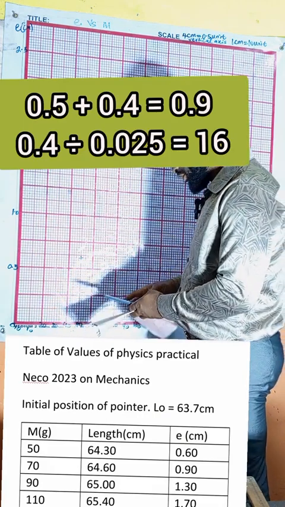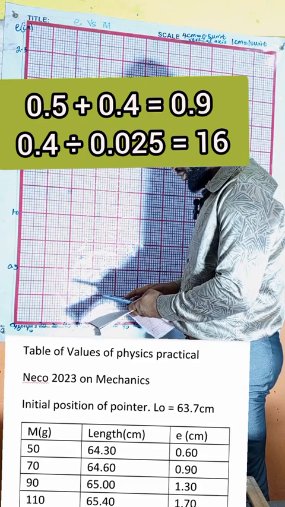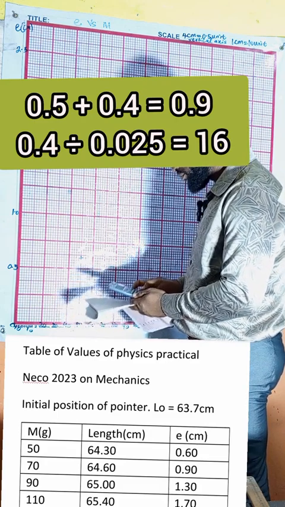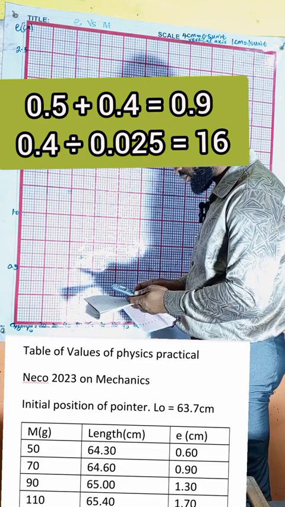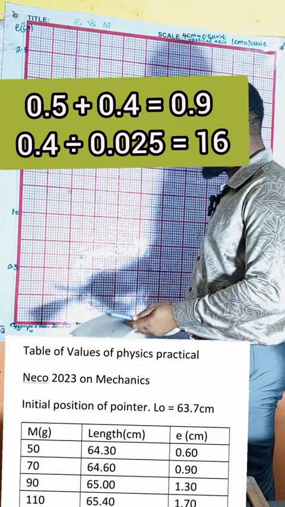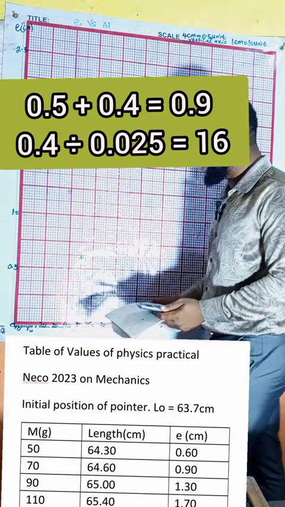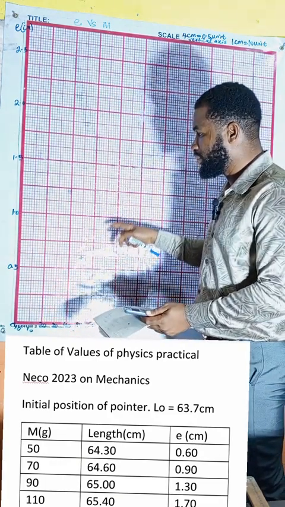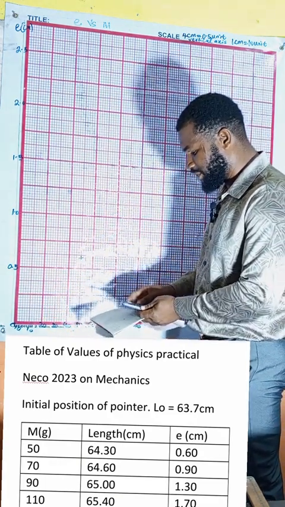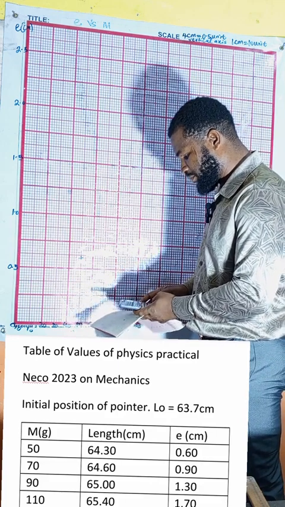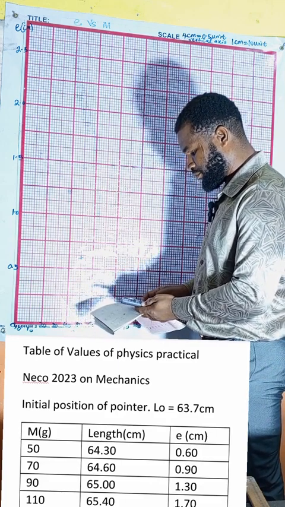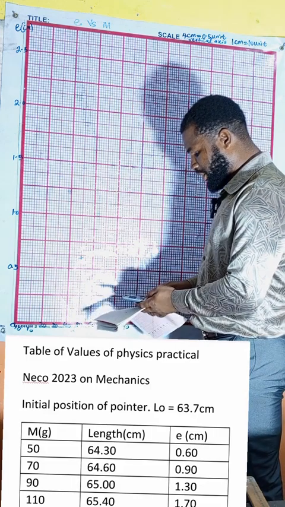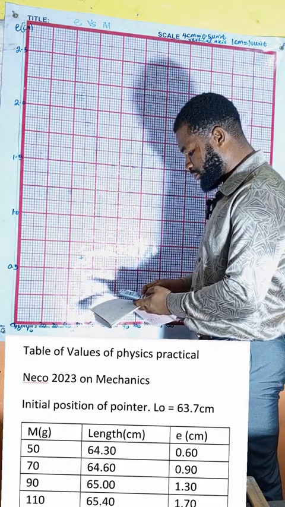So simply say 0.4 divided by 0.025. 16 lines. You need 16 lines from 0.5 to get to 0.9. So if you now say 0.025 times 16, you have 0.4. This 0.4 plus 0.5, you have 0.9.